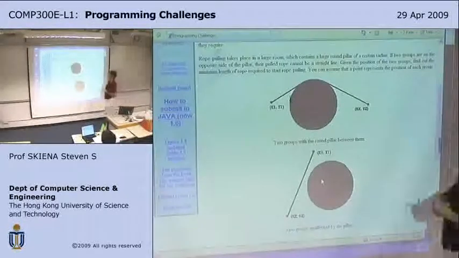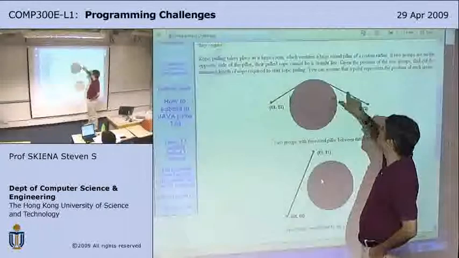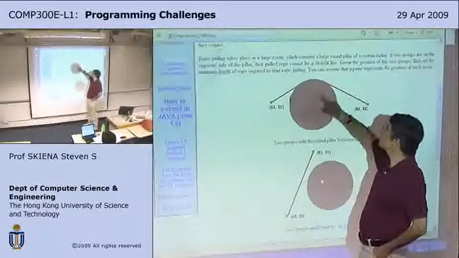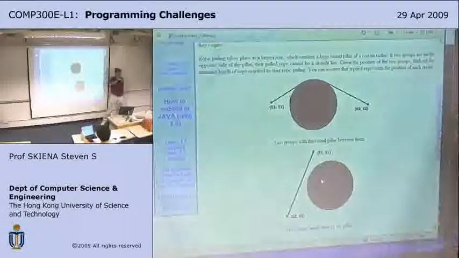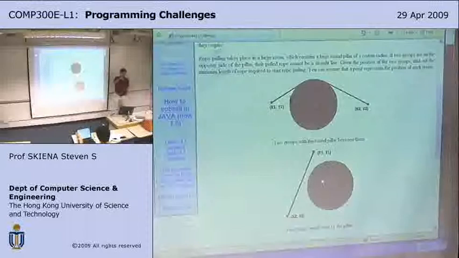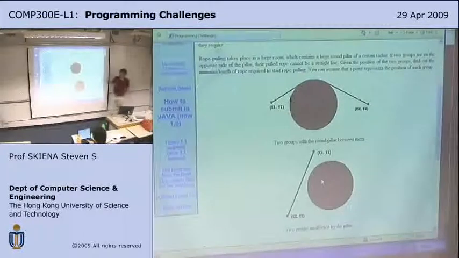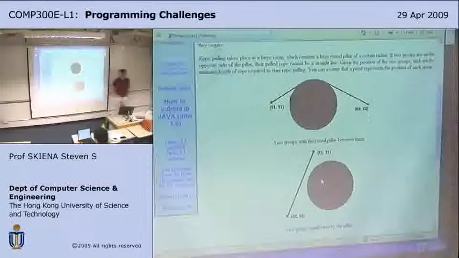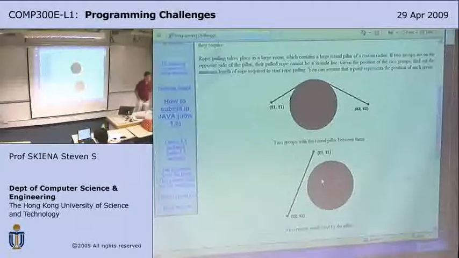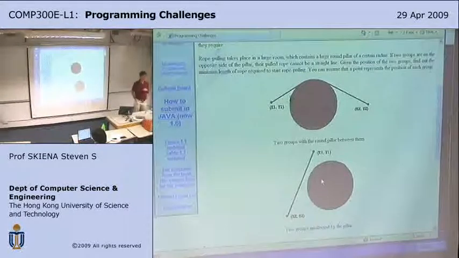Otherwise, the shortest path is going to go along the surface of the circle for part of the way. The question now is, given these 2 points and the circle center and radius, what is the length of the shortest rope? Any ideas how we can do this?